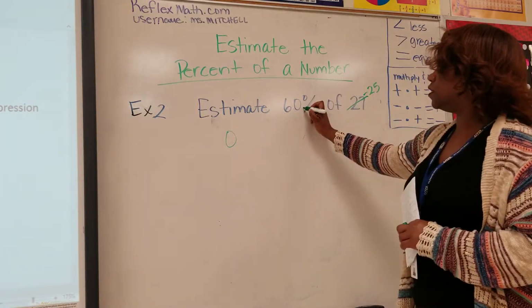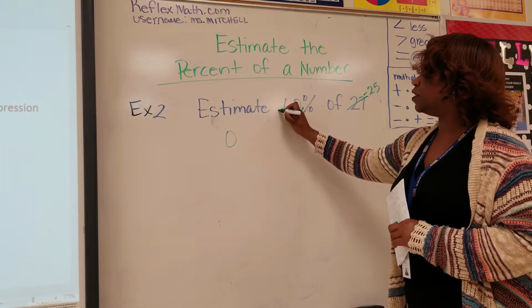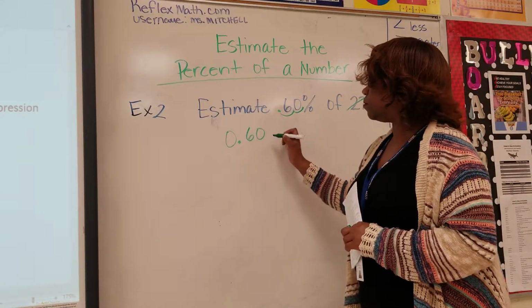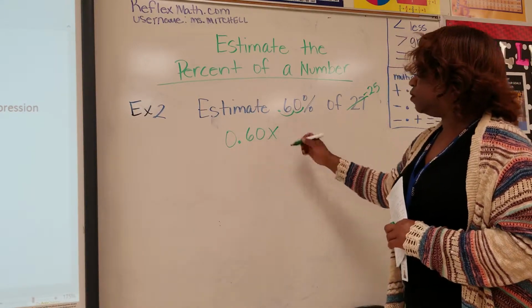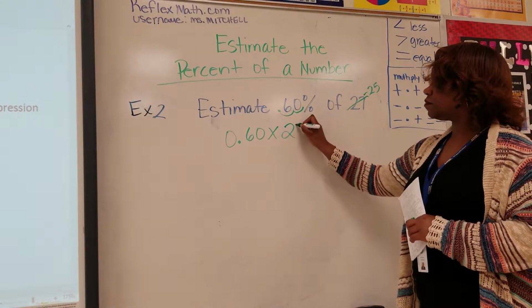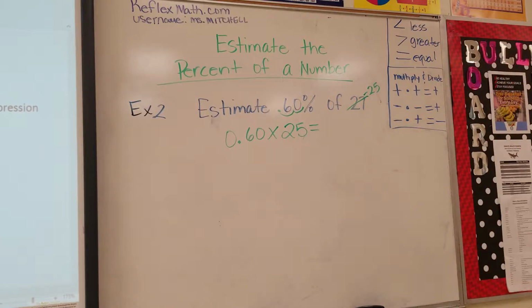Remember, we take this decimal right here and move it 2 spaces. So now we have 0.60. And the "of," we multiply 25. When we multiply 0.60 times 25, we then get 15.